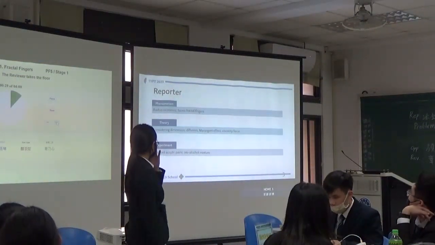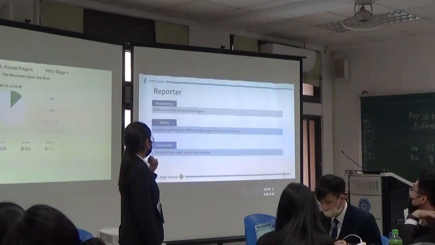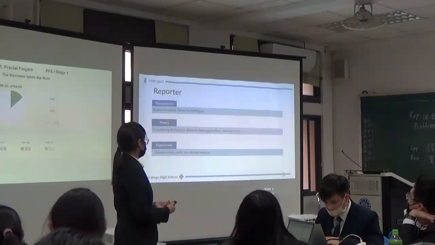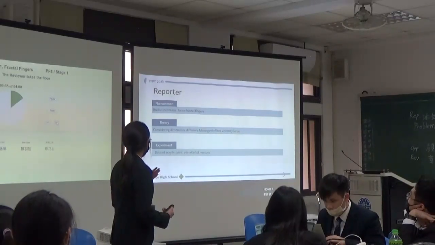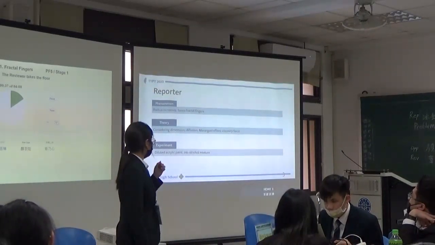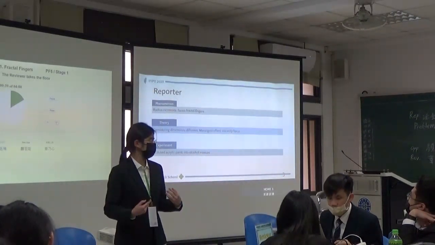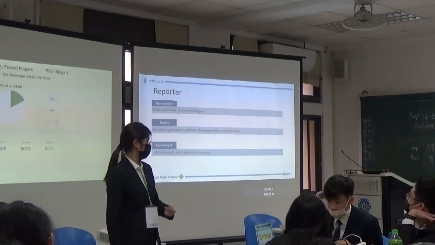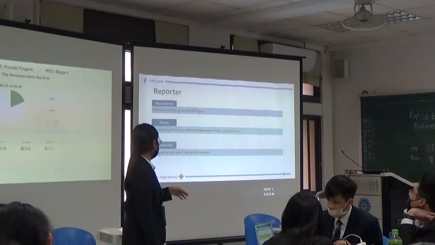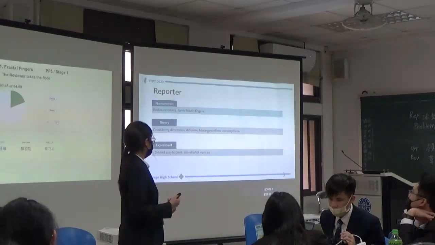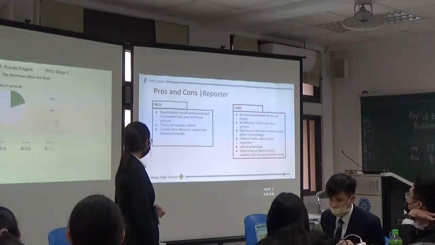The phenomenon of the reporter is that the radius increases and forms the fractal fingers. Then theory considers dimension, diffusion, the Marangoni effect, and the viscosity force. Their experiment is about diluted acrylic paint and an ink alcohol mixture.